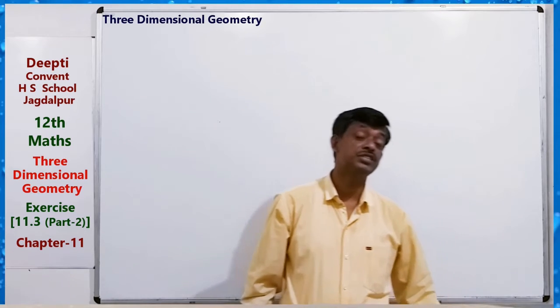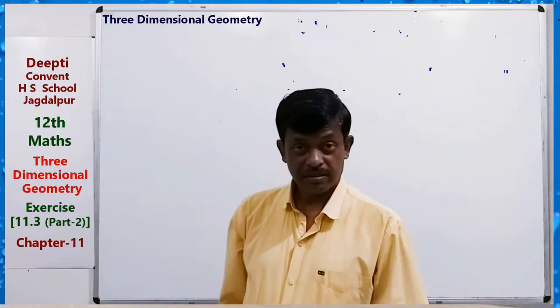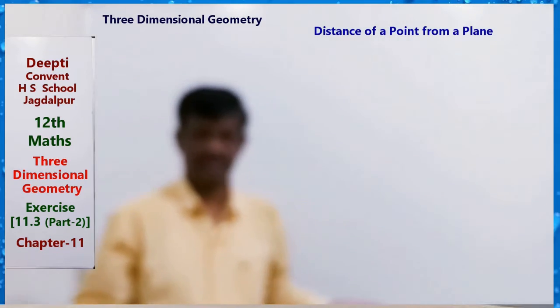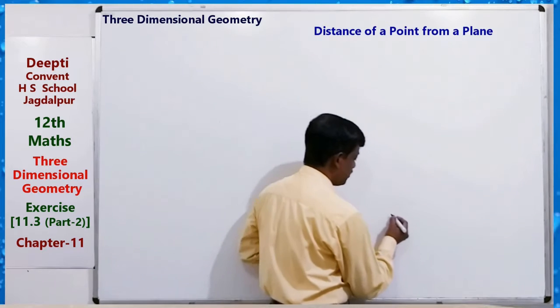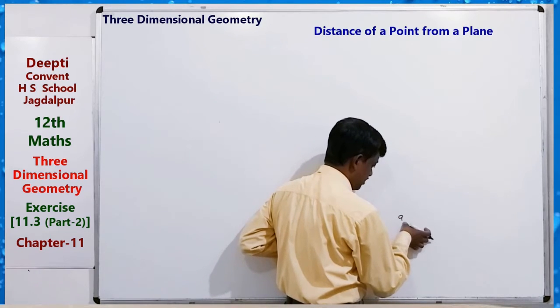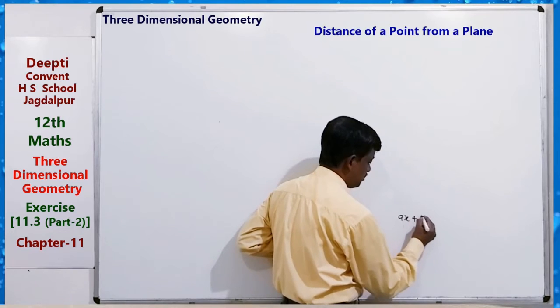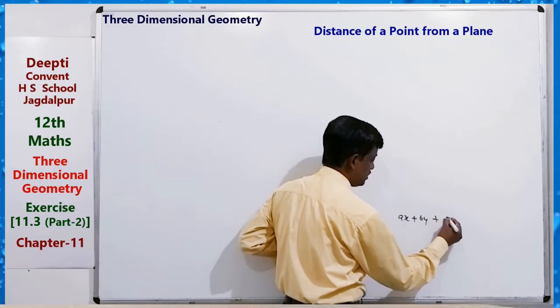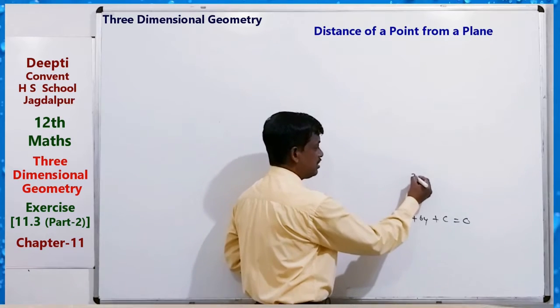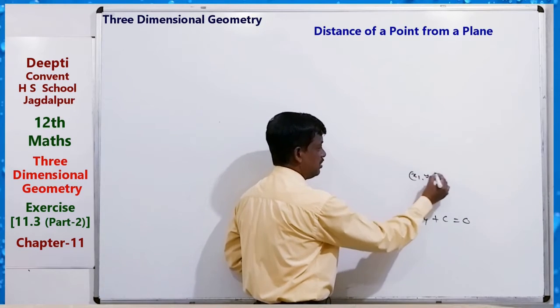Now, similar to the two-dimensional plane, the distance of a point from a line: suppose we have a line ax plus by plus c equals 0 and the point is x1, y1.